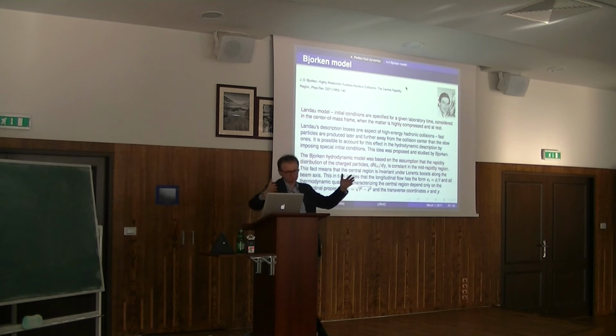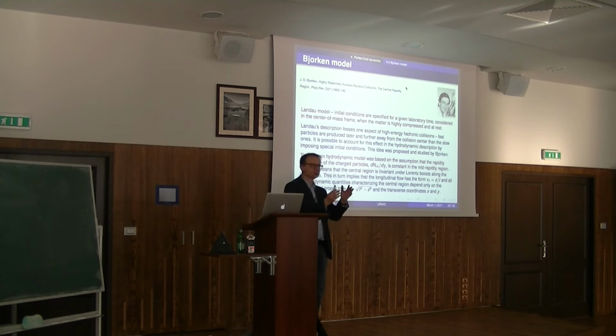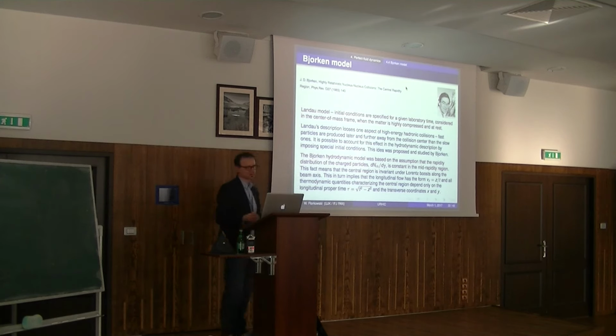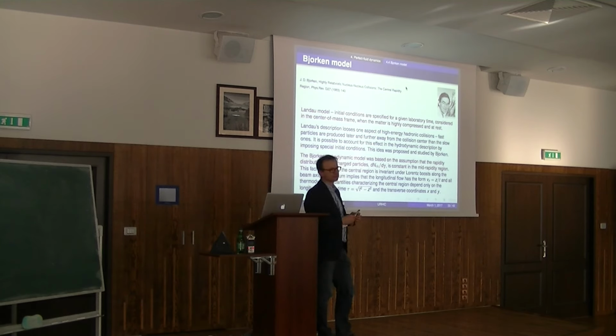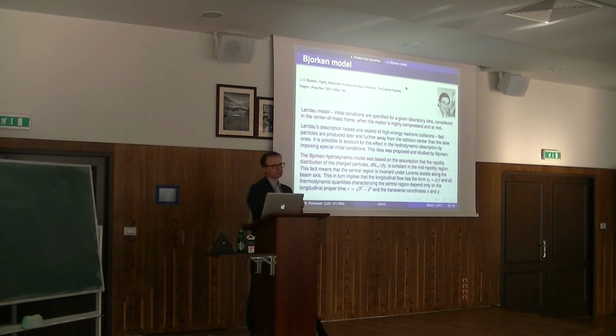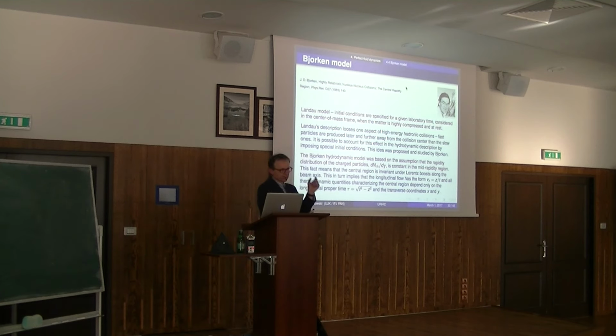So at very high energies you expect that in the central region you have a kind of boost invariance. I mentioned that rapidity is an additive variable if you make a Lorentz boost. So it means that if you measure the rapidity difference, it's an invariant quantity under Lorentz boost.